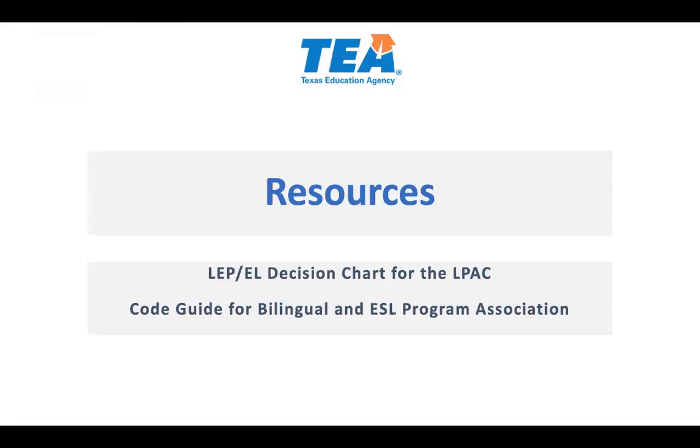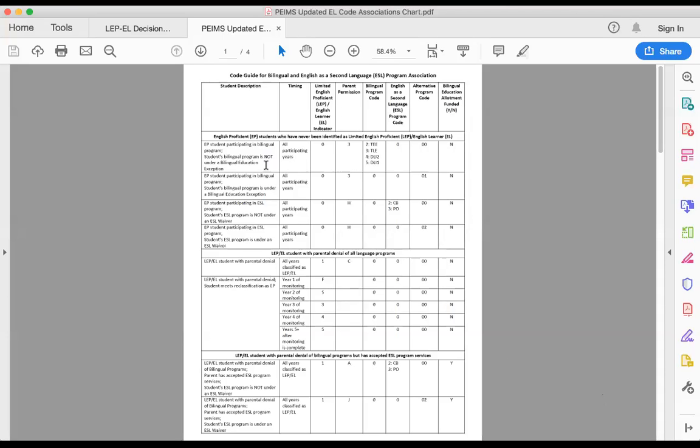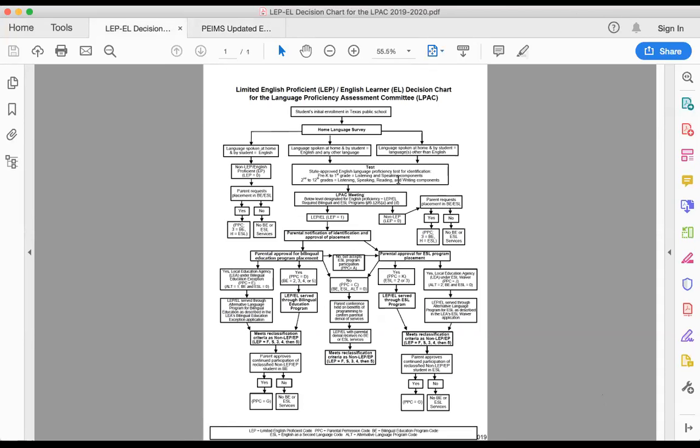We do have some new resources that are available to support the understanding of these changes. So let's take a look. First, at a high level view here, you can see an updated LEP-EL decision chart for the LPAC.